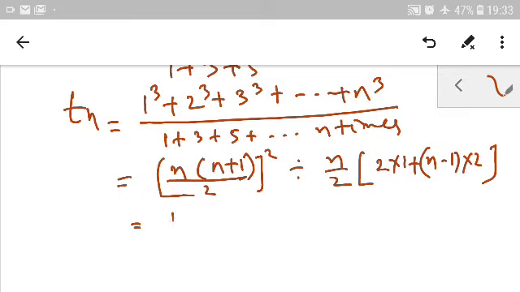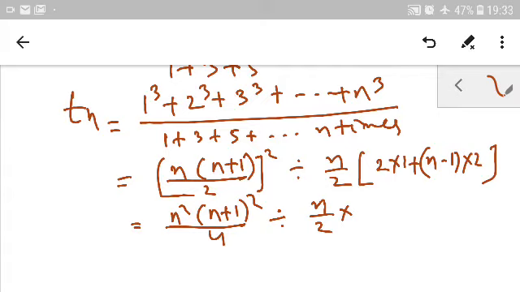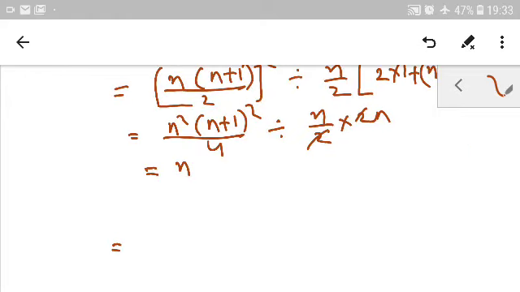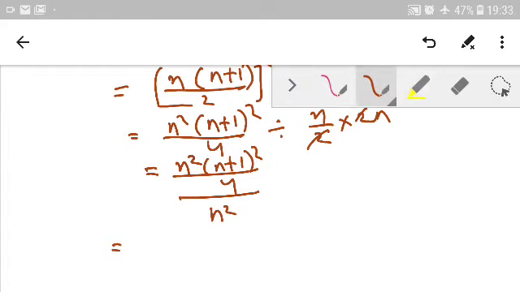That is equal to n square whole into n plus 1 whole square divided by 4, whole divided by n by 2 multiplied by 2n. 2 getting cancelled, so I get here n square whole into n plus 1 whole square divided by 4, whole divided by n square, and n square are getting cancelled.